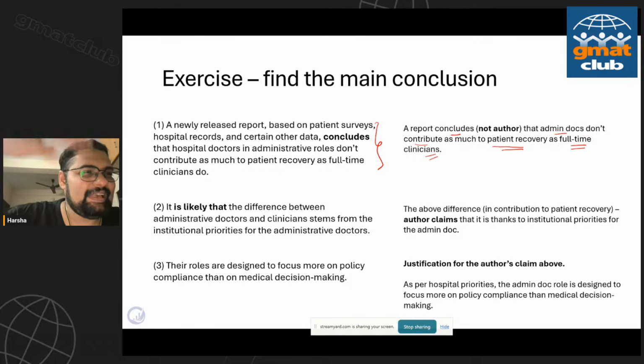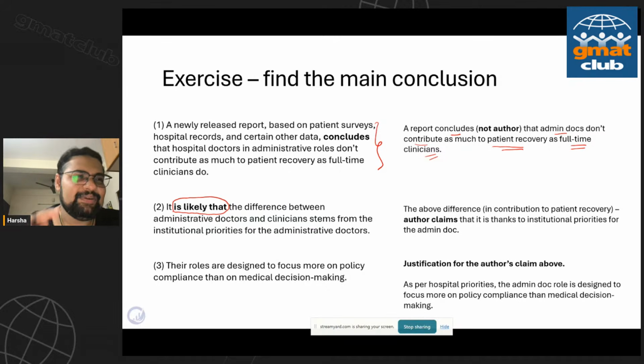So imagine doctors who are stuck in admin work versus full-time clinicians who are always there on hand doing medical work, right? So admin docs are not contributing as much to patient recovery. You also see a slight indication that 2 might be a claim, right?